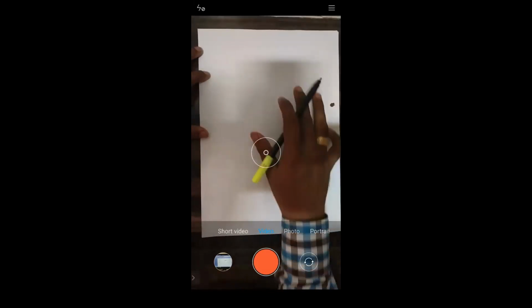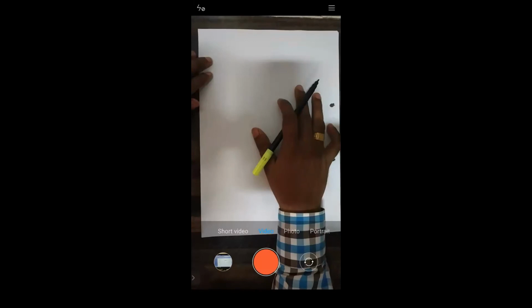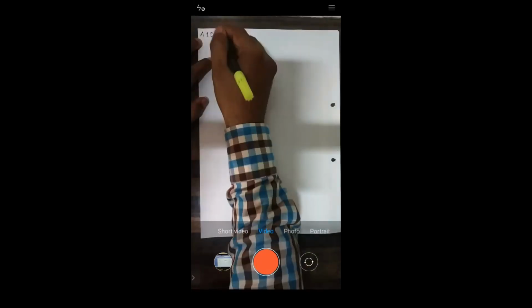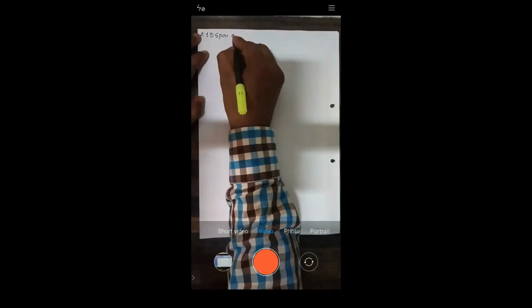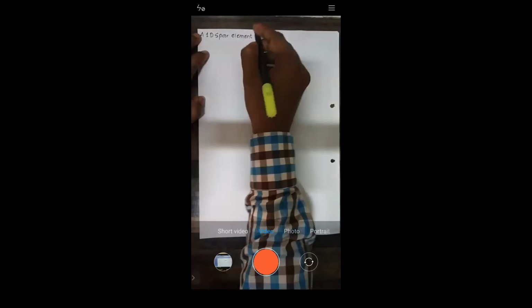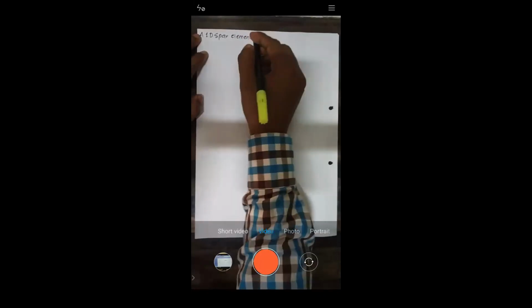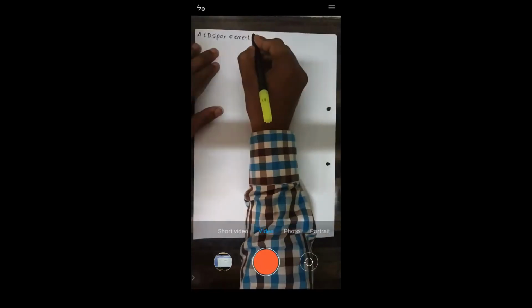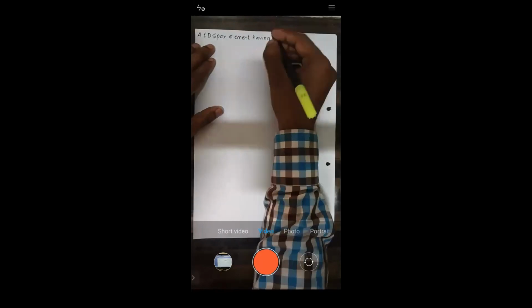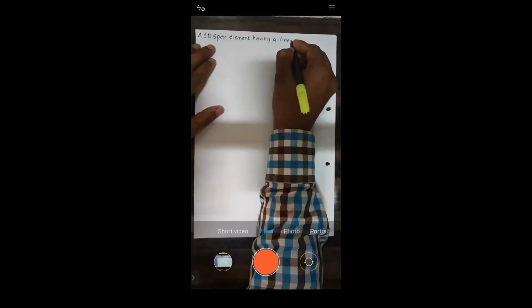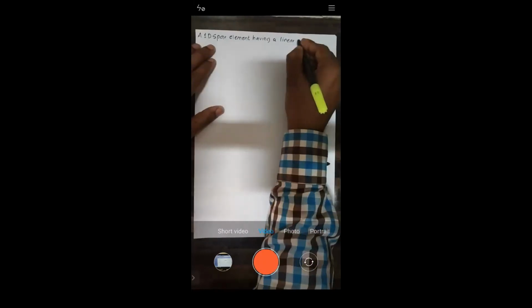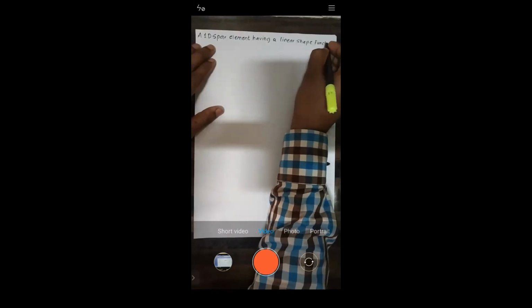Now let's take down one problem based on this. A 1D spar element having linear shape functions is as below.